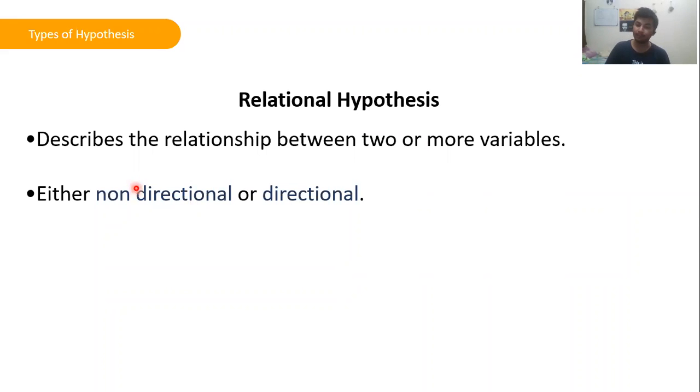Non-directional means, like, two or more variables, if they are interdependent, the dependent variable might be positively affected by the independent variable, or might be negatively affected by the independent variable. So if it is being positively affected, that is a direction, right? It is affected in a positive direction, or in a negative direction. If a direction exists, that is directional.